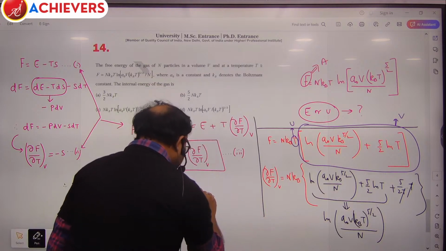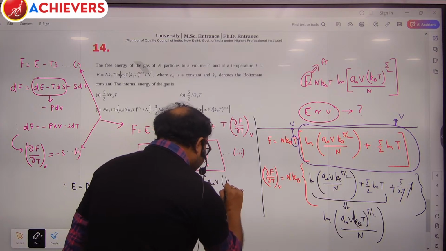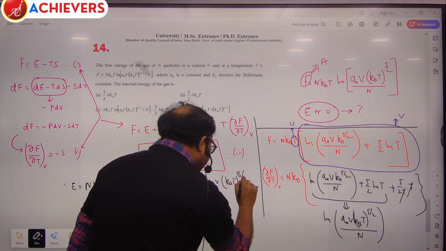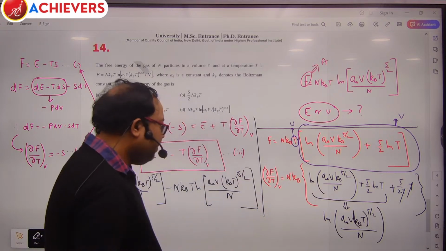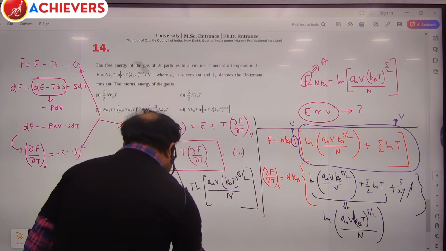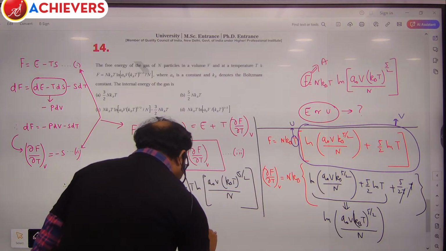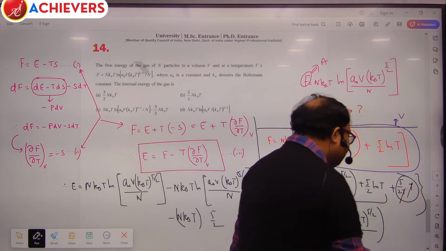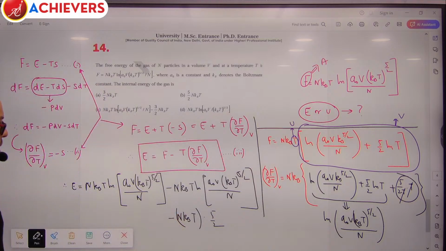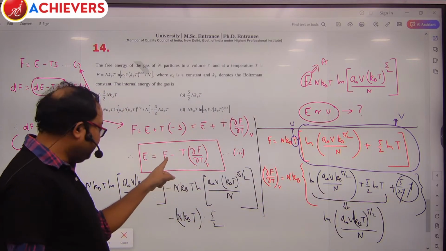So ln A0 V kBT to the power 5 by 2 divided by N, minus N kBT multiplied by 5 by 2. This parameter is left out, 5 by 2, with N kB multiplied by this temperature with a negative sign.